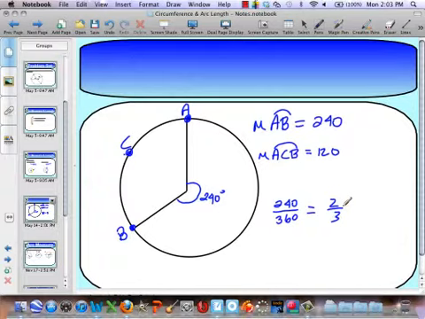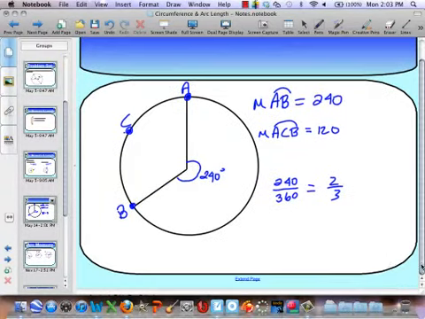So what we're looking at here is a ratios and proportions situation. The ratio of the arc measure over 360 is going to be the same as the ratio of the arc length over the circumference. You should have run across that if you watched the videos or went to the website. They talk about where that formula comes from.